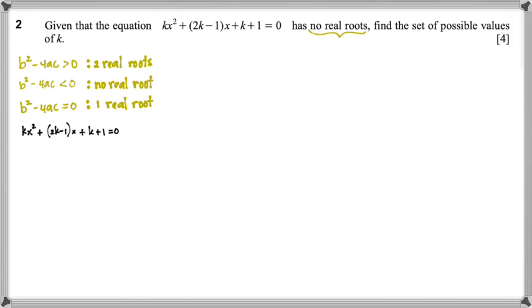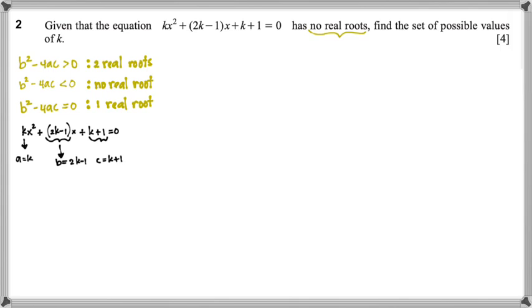So it means from this equation, our a value is k. So let me just write it down. A is equal to k. And 2k minus 1 is b. Alright, 2k minus 1. And our c, alright, is k plus 1.